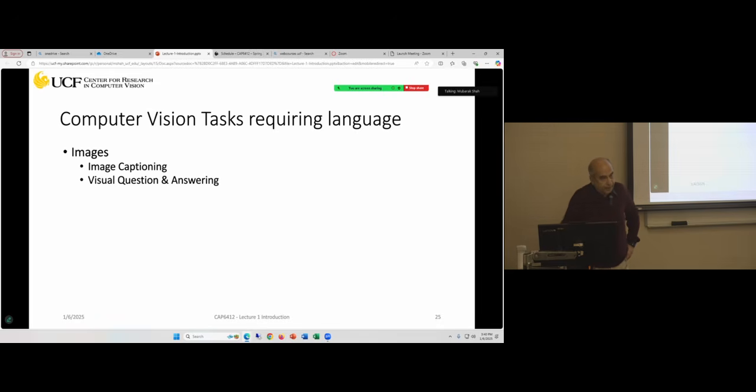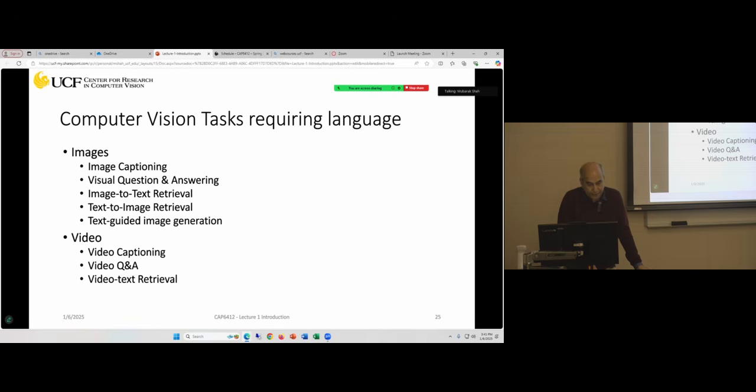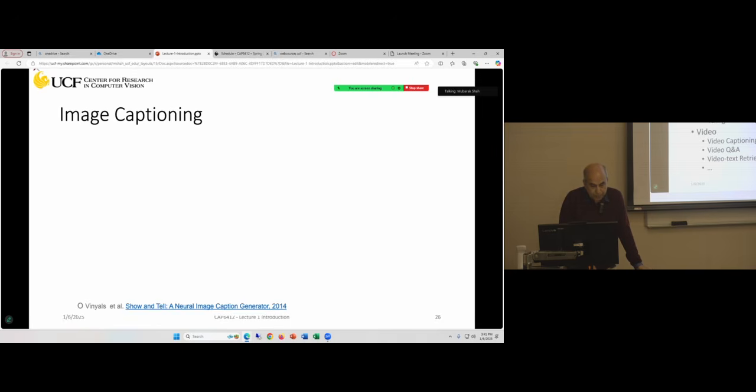You can ask questions about an image and get answers. You can retrieve the corresponding text given an image, or retrieve an image given a text. You can do text-guided image generation, the diffusion model: you have a prompt and generate a particular image or video. Similar things exist for video captioning, video question answering, video text retrieval, and so on.